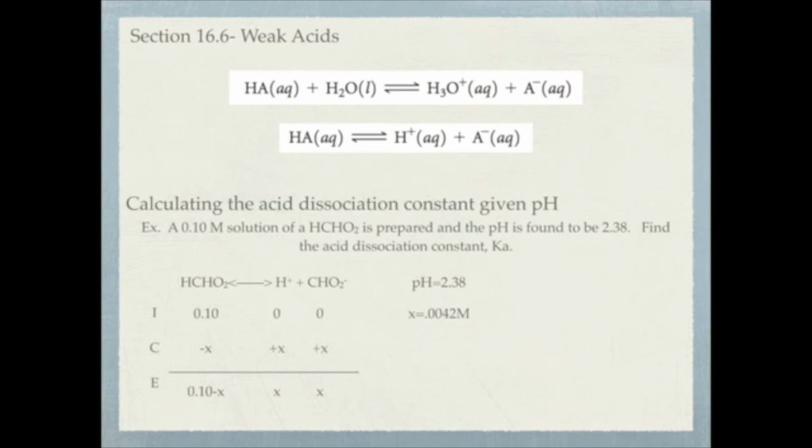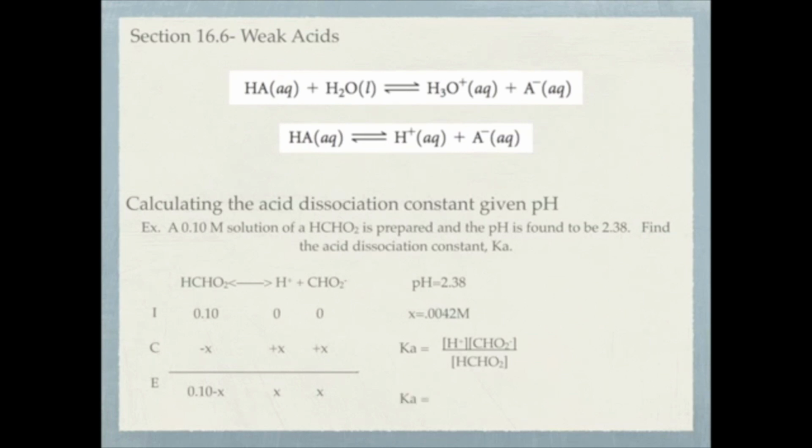And so now I know my concentration of hydrogen ions, I know my concentration of my anion, and now I can figure out the concentration of my acid by subtracting. And so I'm going to plug that into my equilibrium expression to calculate my Ka. So my Ka equals my concentration of my hydrogen ions times my concentration of my anion all over the concentration of the acid.